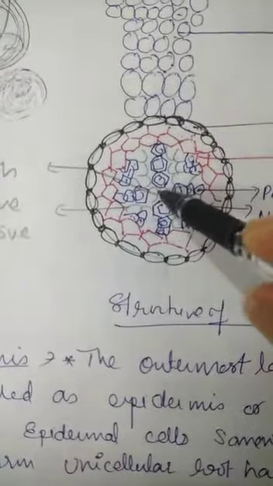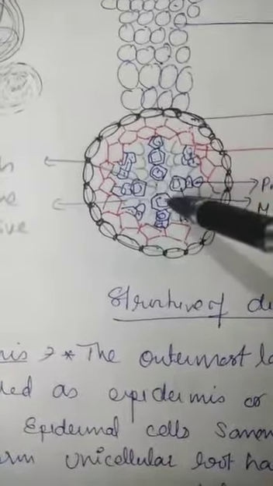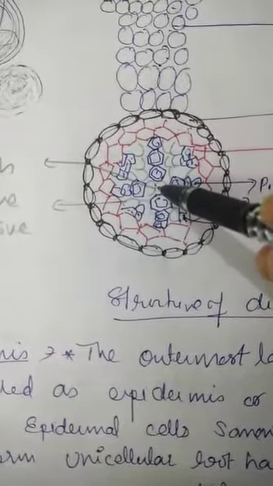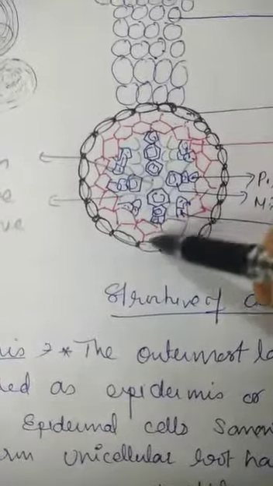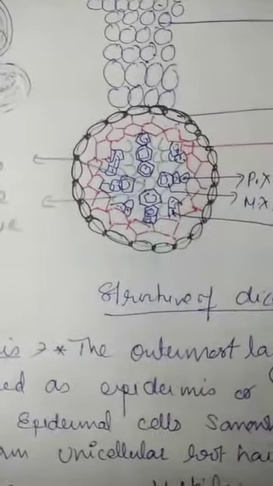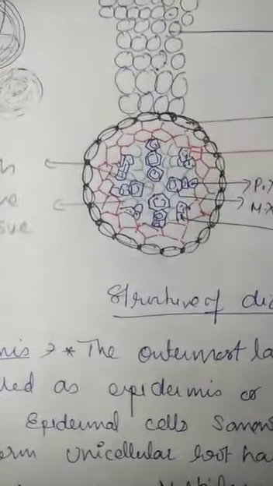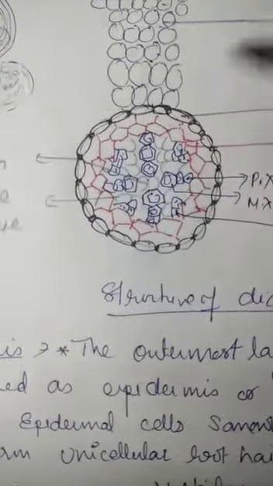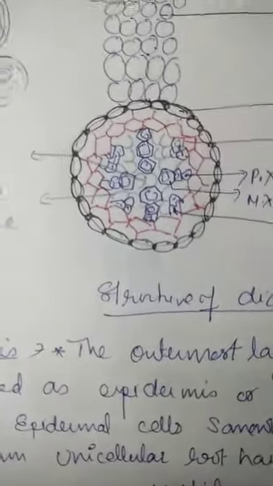This center is called the pith, which is very small in the dicot root. These large vessels are towards the pith, and the small vessels called protoxylem are towards the periphery. Hence this type of xylem is called exarch xylem. So the vascular bundle is radial and exarch, and xylem and phloem lie on different radii.